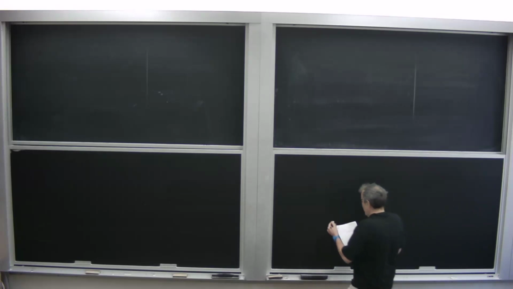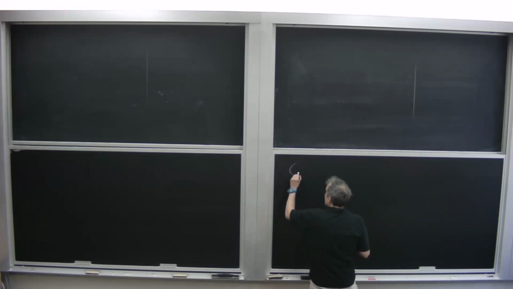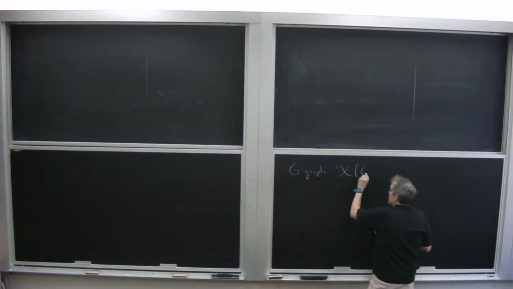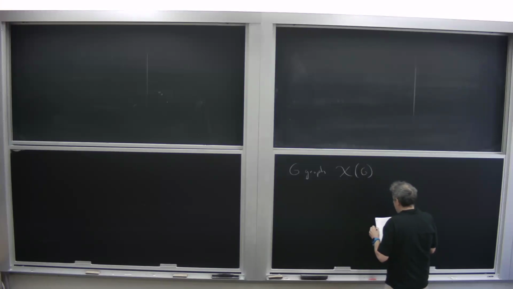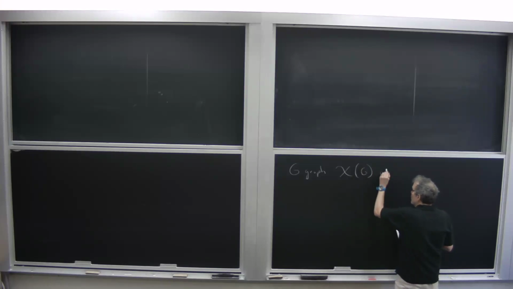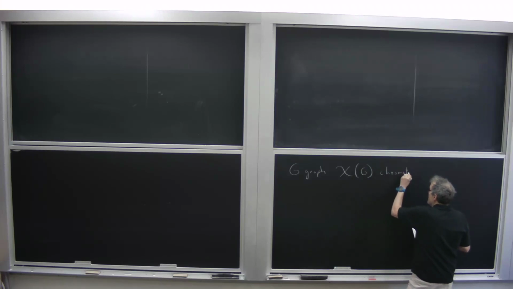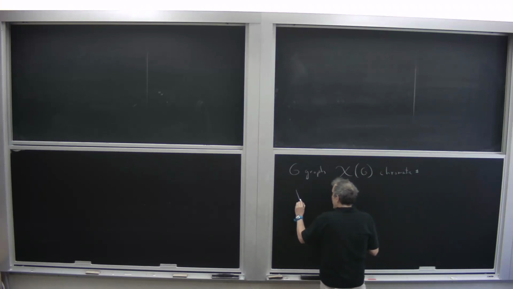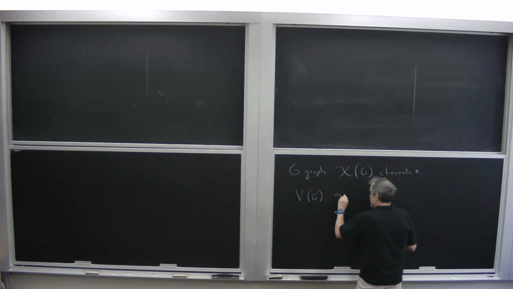So we start with a graph. We know what chromatic number is. We could see the vertices of the graph as being a measurable space.